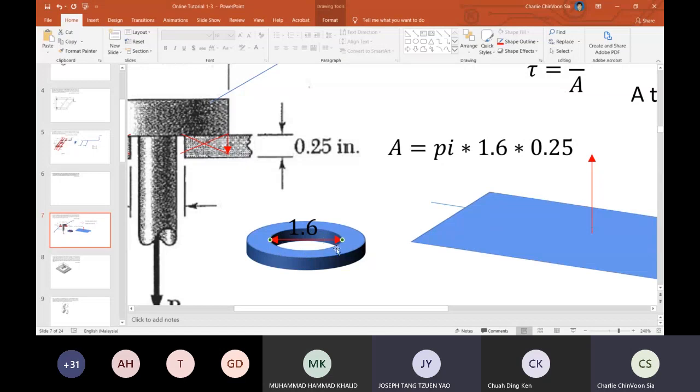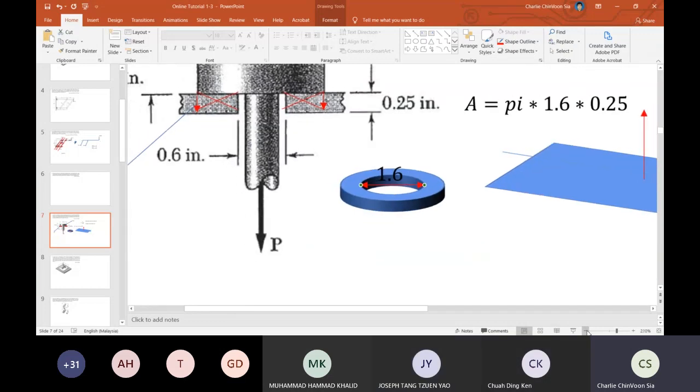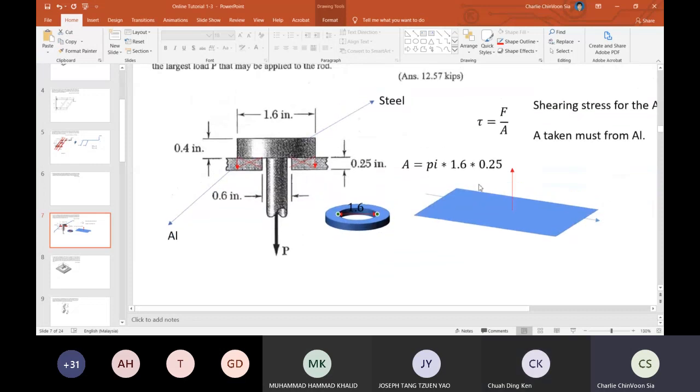So pi d is the circumference, multiplied with the height, the thickness of the aluminum plate. That gives you the contact area for the shearing stress in the aluminum.